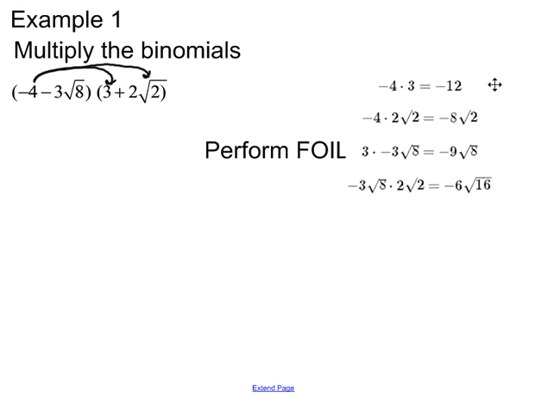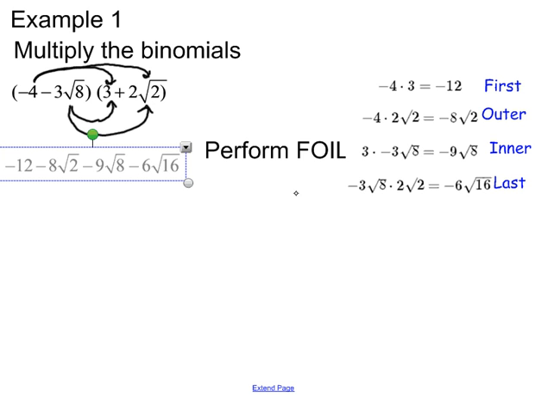So we got the first, the outer, the inner, and the last here. So we just did the first and the outer. So now the inner, that's -3 radical 8 times 3. And -3 radical 8 times 2 radical 2. That's the last. So when you multiply all this out, this is what we get.